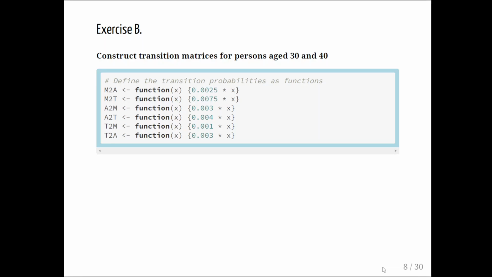A to M means admin to marketing, and so on. So you get a whole sense of them there. I'm just going to use these as building blocks for the transition matrix, which is the next step. So we have 6 little functions there, and each of them carry out a little mathematical function. In the first case, M2A, it is 0.0025 times x, and it just returns that.